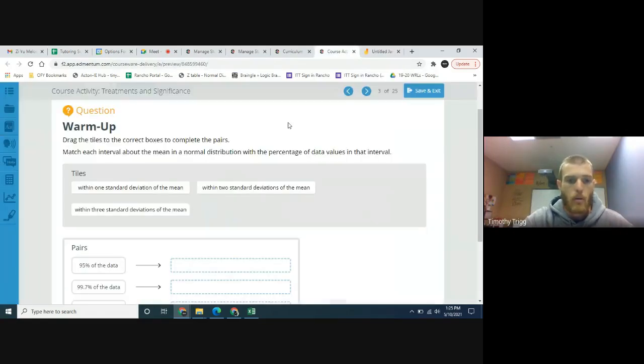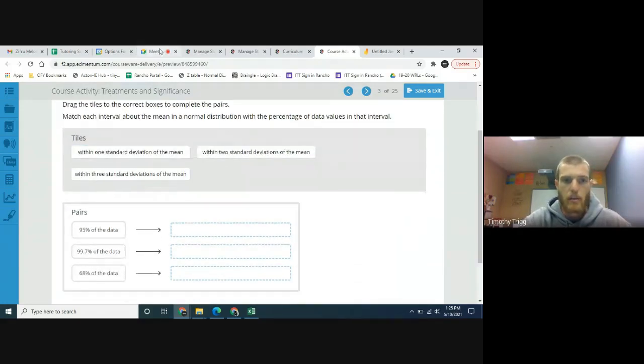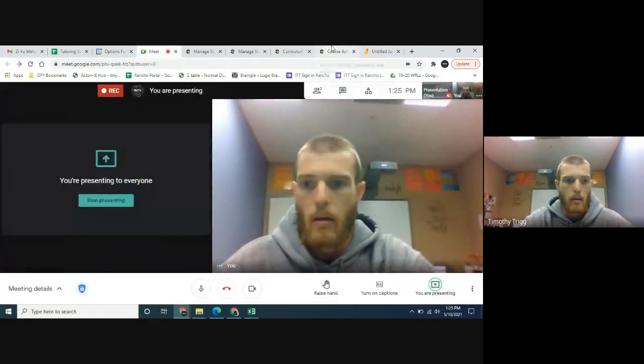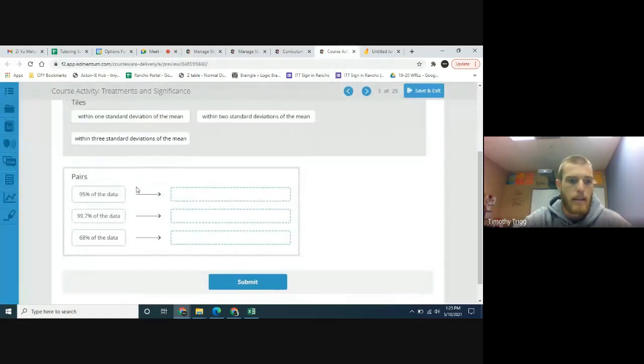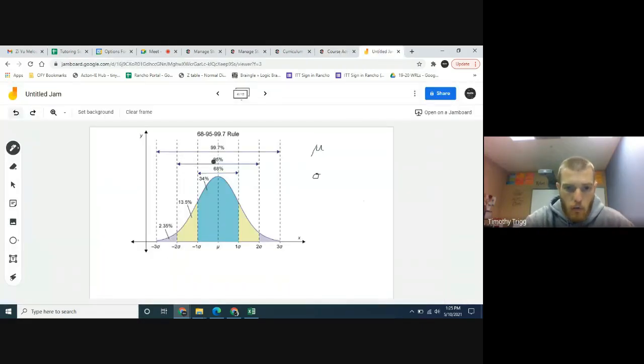Okay, so let's go ahead and match these tiles here. It says 95% of the data. So for 95% of the data in a normal distribution falls within two standard deviations of the mean.